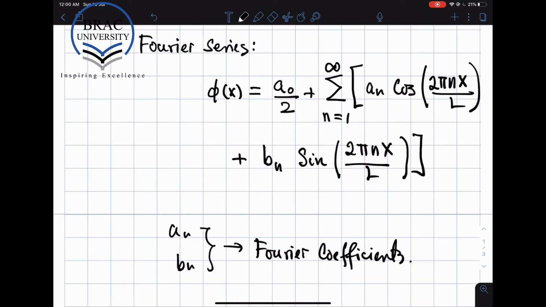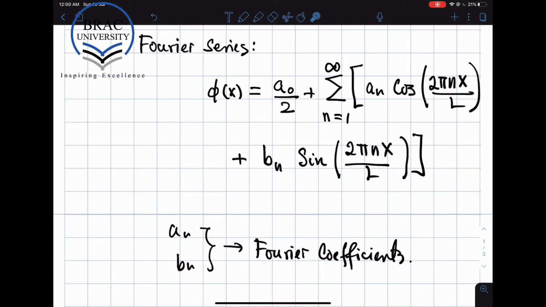Of course, these coefficients contain all the information about this function, because the sines and cosines are just well-known functions. The size of these coefficients determines how much of a particular cosine or sine contributes to describing this function.